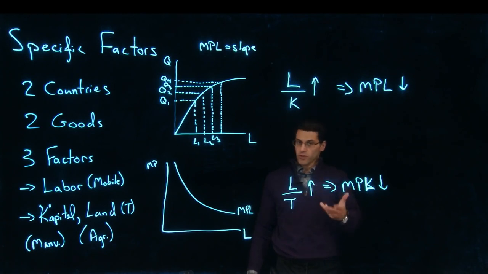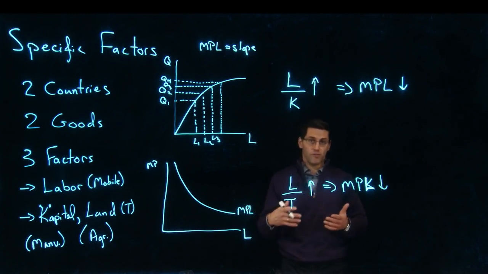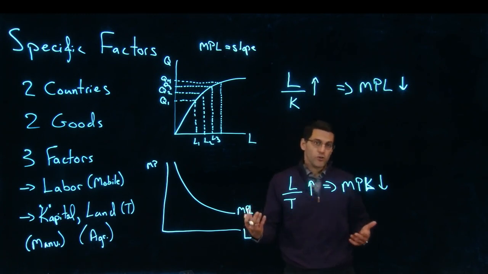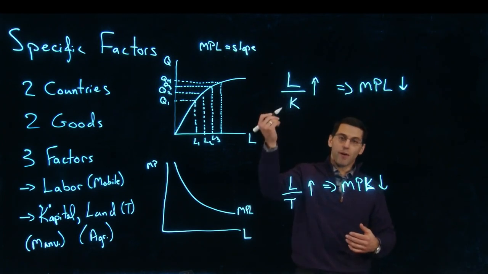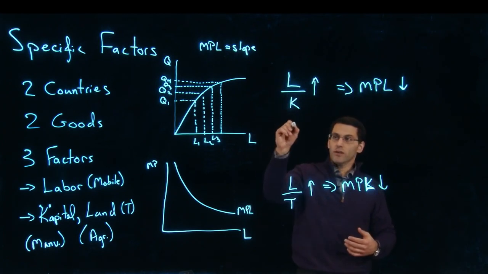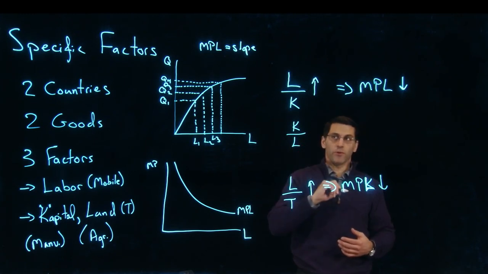Now, so far we've been focusing on labor, but later on we're also going to be concerned with the productivity of the other 2 factors as well. If the labor to capital ratio is increasing, that means the inverse is true for capital to labor.